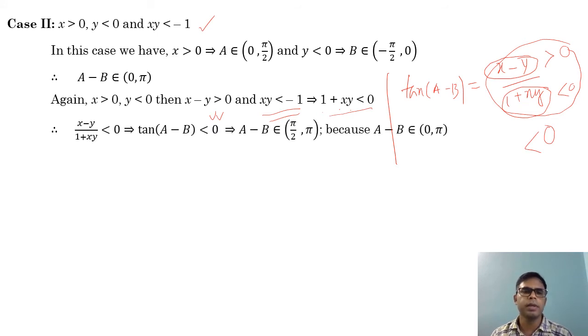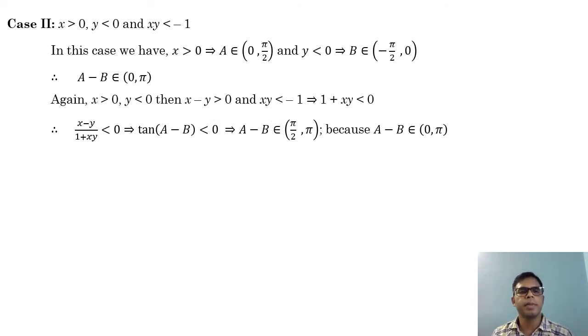So you write that one. I am cleaning the screen here. So (x minus y) divided by (1 plus xy) is a negative number, meaning less than 0. So tan(a minus b) is less than 0. So tan(a minus b) less than 0 means a minus b must lie from pi by 2 up to pi.